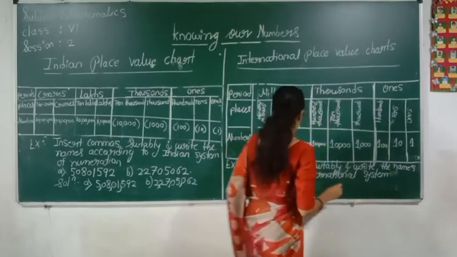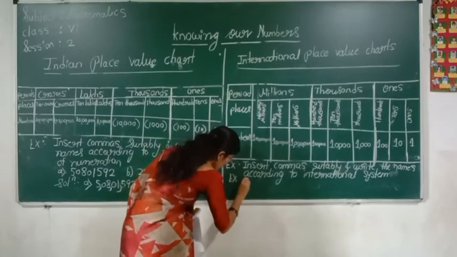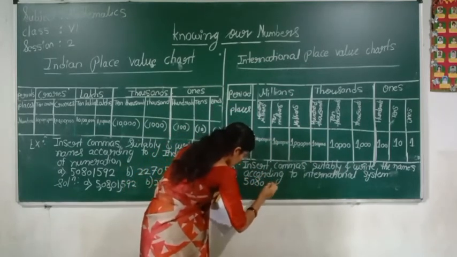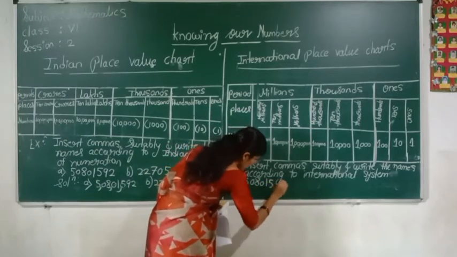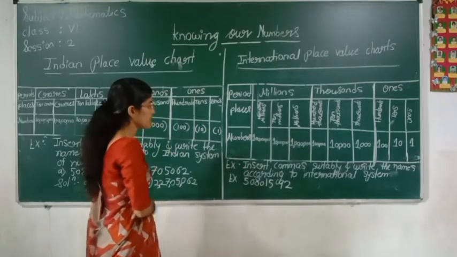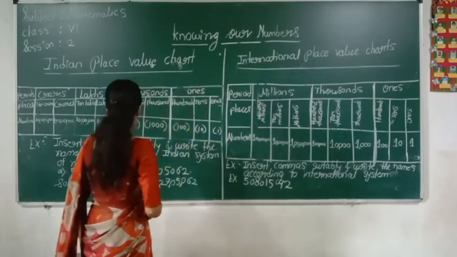International system. Okay, we'll take one example. 50801592. Now see here, insert commas suitably and write the names according to the international system.